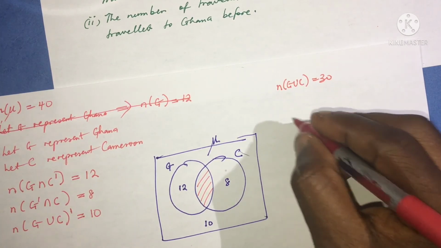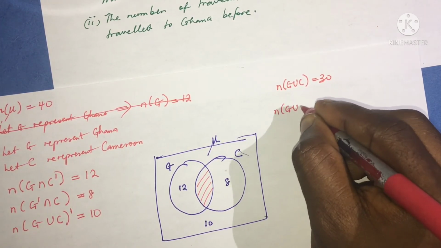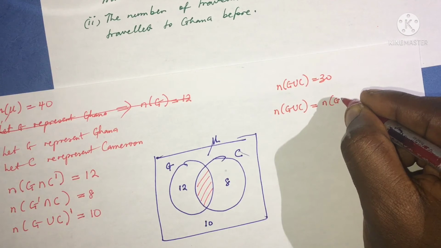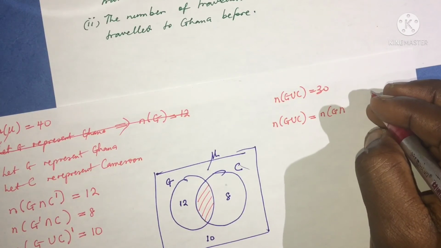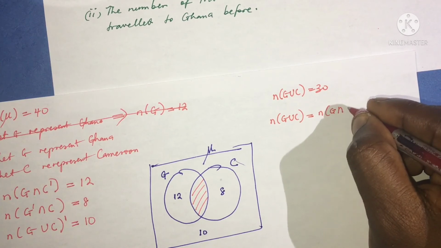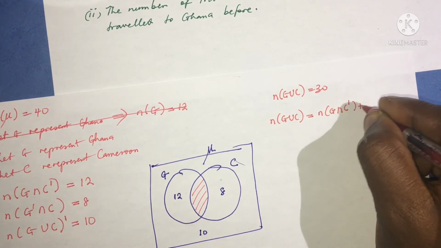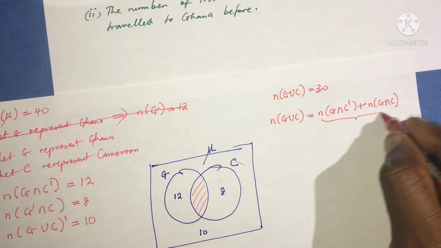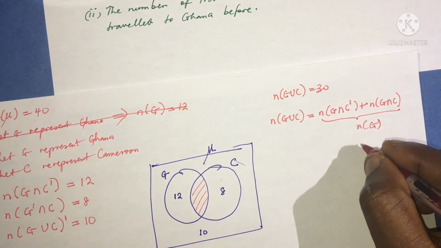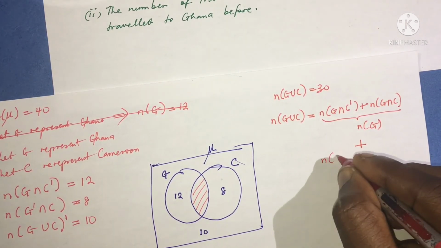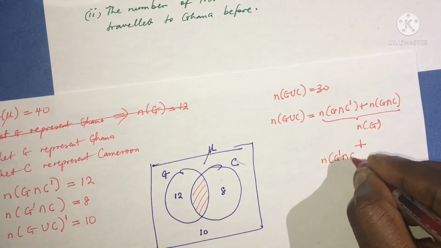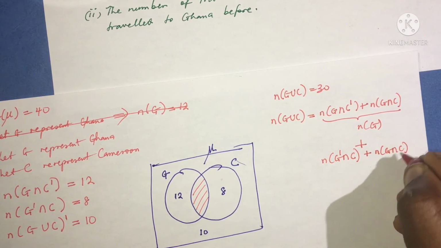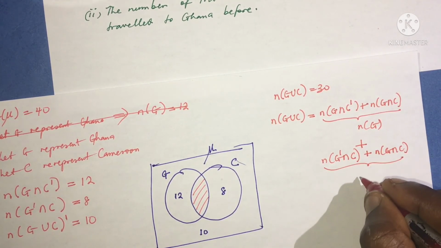Now let us decompose. So I'm going to write this n(G union C) is equal to n(G intersection C complement) plus n(G intersection C), and this will represent n(G), plus n(G complement intersection C) plus n(G intersection C), and this would add up to give you n(C).